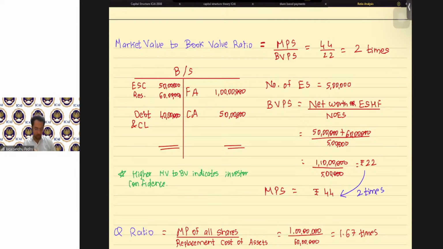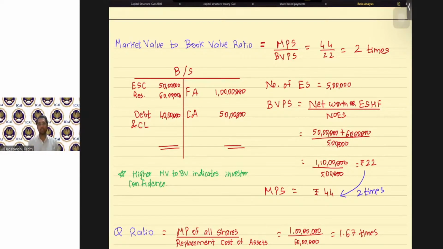Now, why is it so? Because service industries have intangible assets, which may not have any book value in their books of accounts. But from the market perspective, they have a great amount of value. For example, if TCS is creating some software, the cost to create it is just what you pay your employees, the salaries, and some equipment.